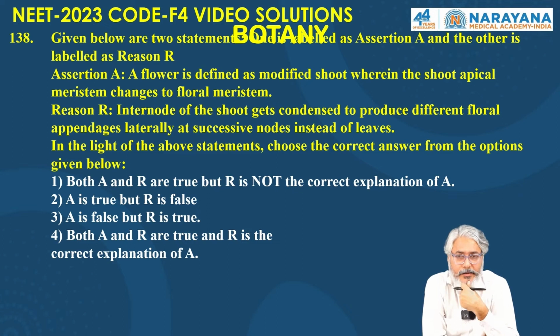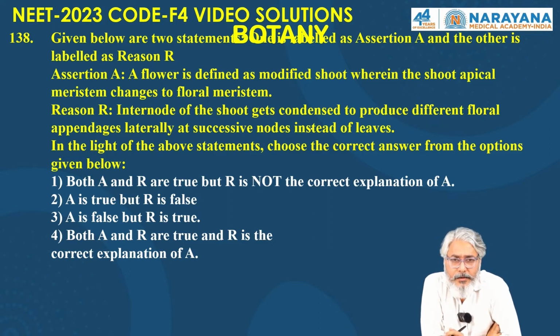So they are defining in the second. So a flower is defined as modified shoot, wherein the shoot apical meristem changes to floral meristem because internode of shoot gets condensed to produce different floral appendages laterally at successive nodes. So this is the correct reason of the assertion A. That's why we can go with the 4.